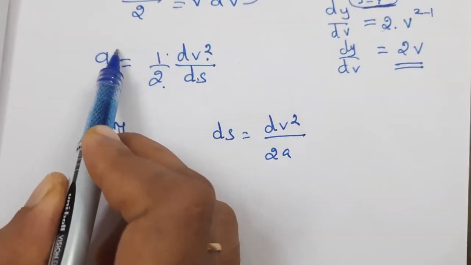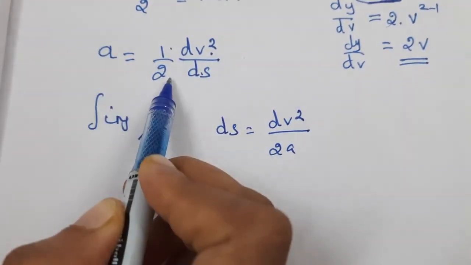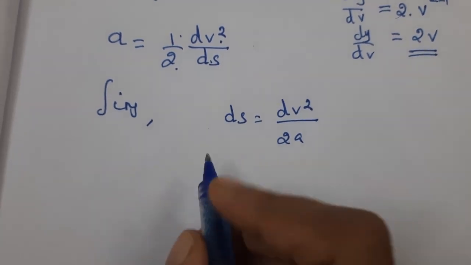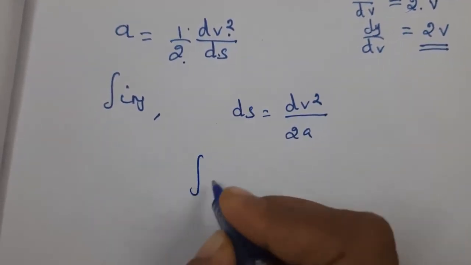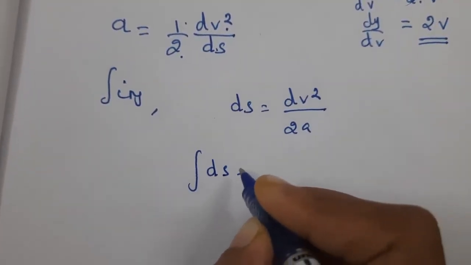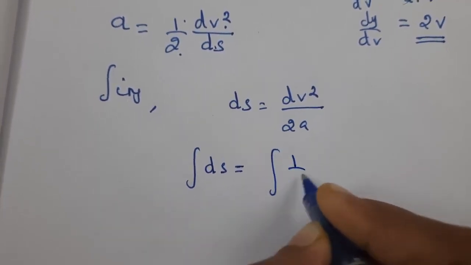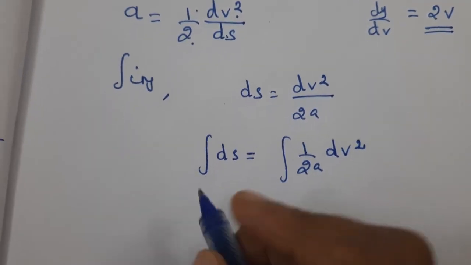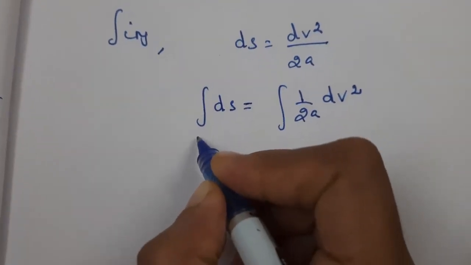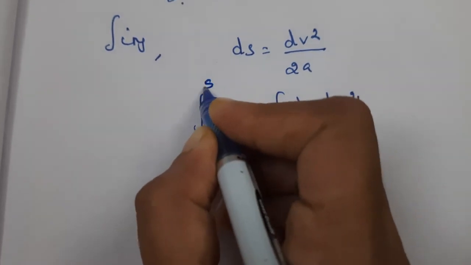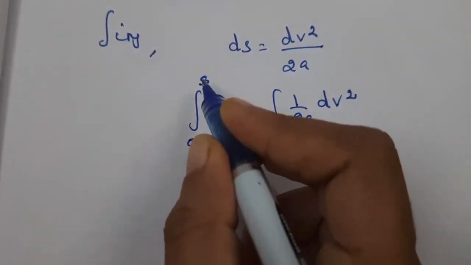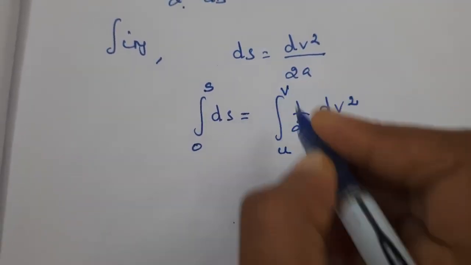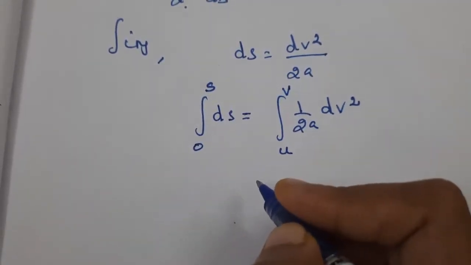Integrating on both sides, we get integral ds is equal to integral 1 by 2a dv square. Here the limits: displacement is from 0 to s, and velocity from initial to final velocity, u to v.